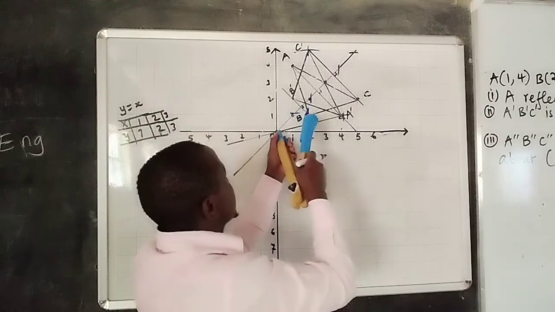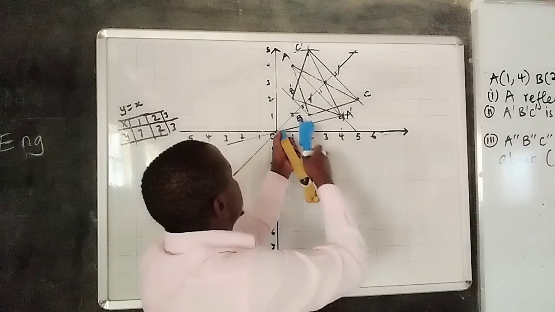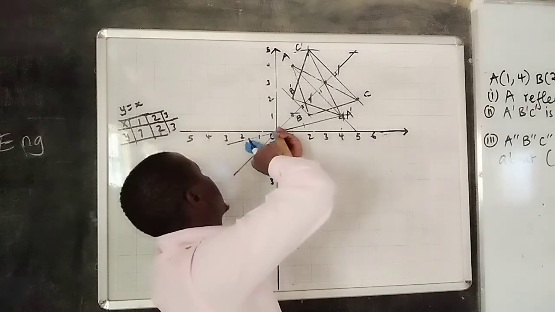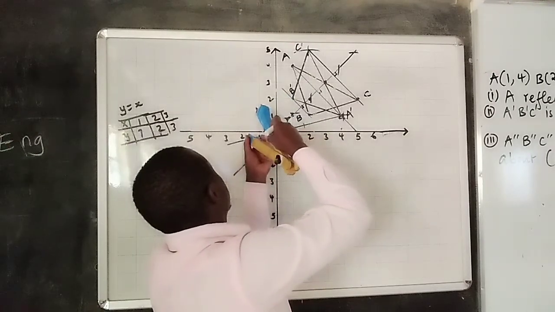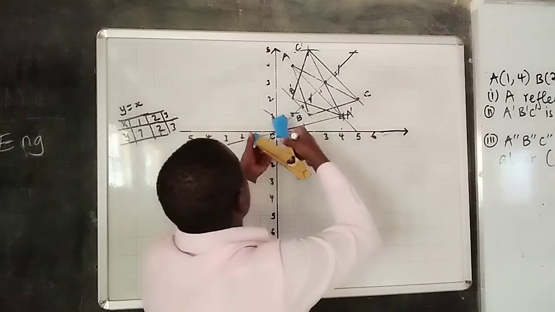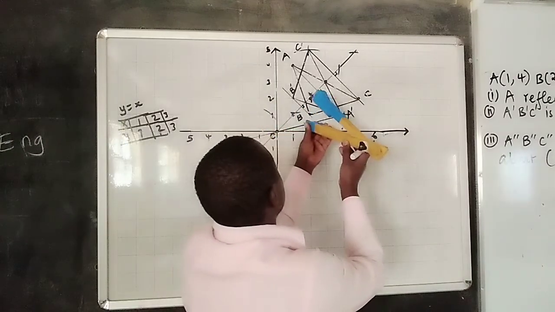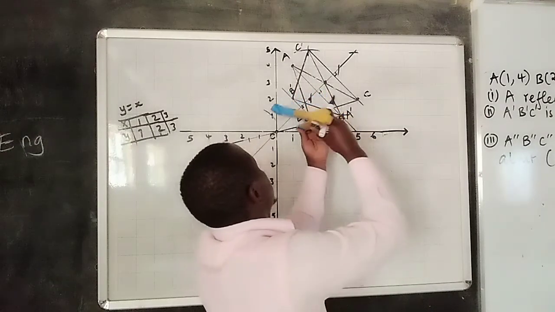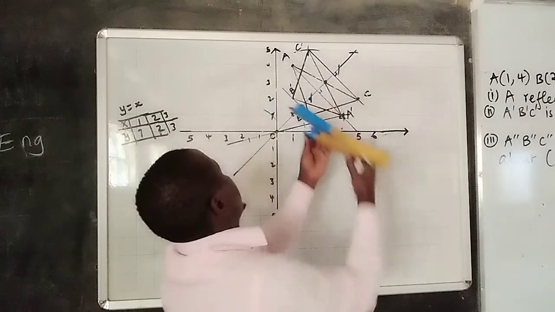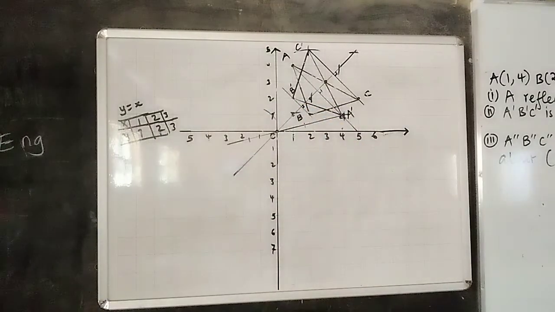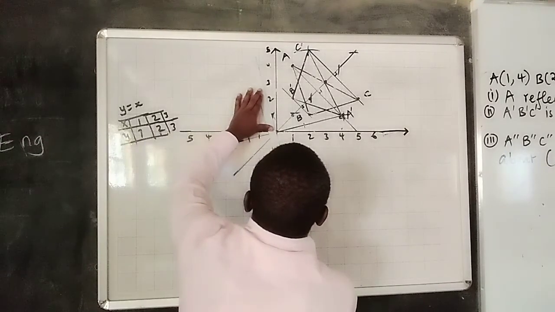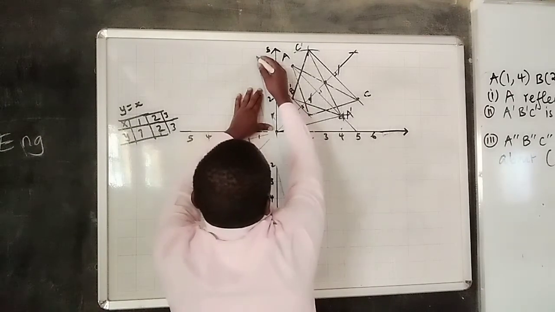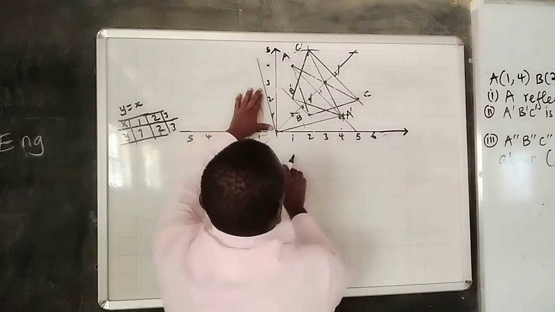From here we can construct now 90 degrees. That will be 90 degrees.